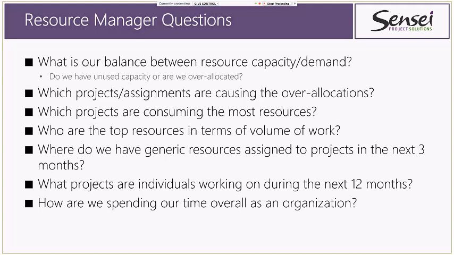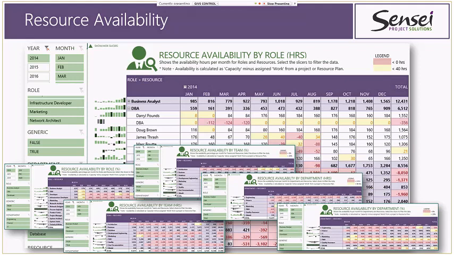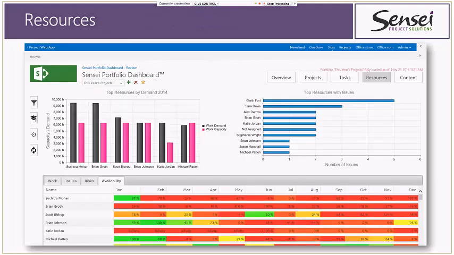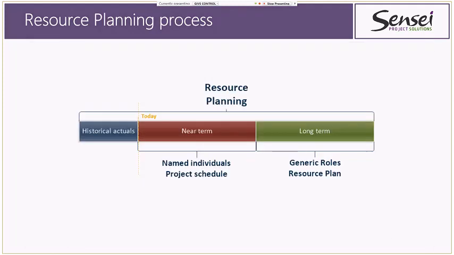Do I have any over-allocation, and which months and which individuals are over-allocated? Or what is the work in the pipeline that hasn't yet been assigned to resources on my team? The example here shows an infrastructure developer role with 9 or 10 new projects coming in that have not yet been staffed with that role. Or where do I have the greatest over-allocation in my portfolio of resources and projects? These are typically the types of things that resource managers are looking for.